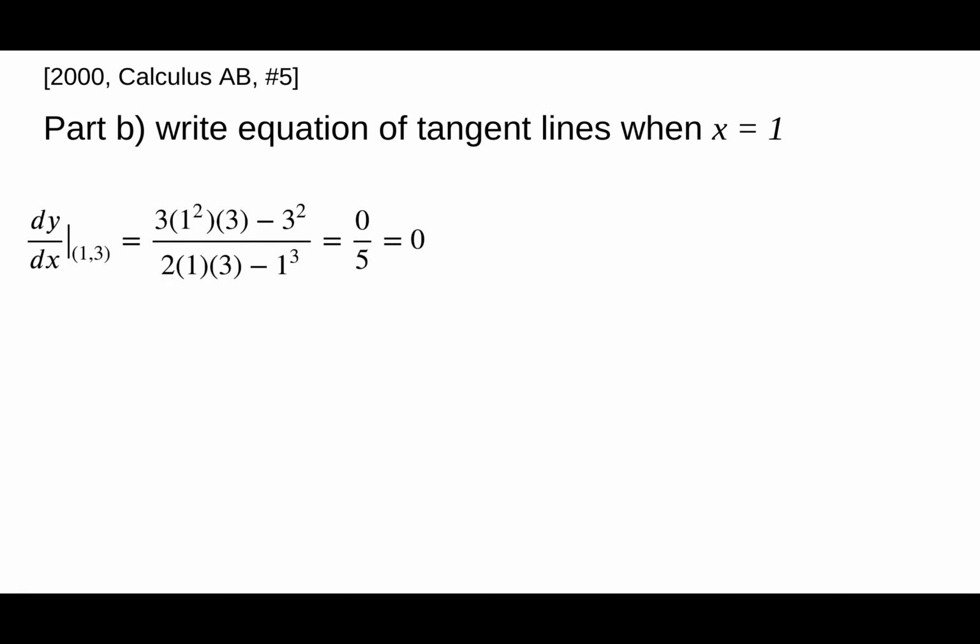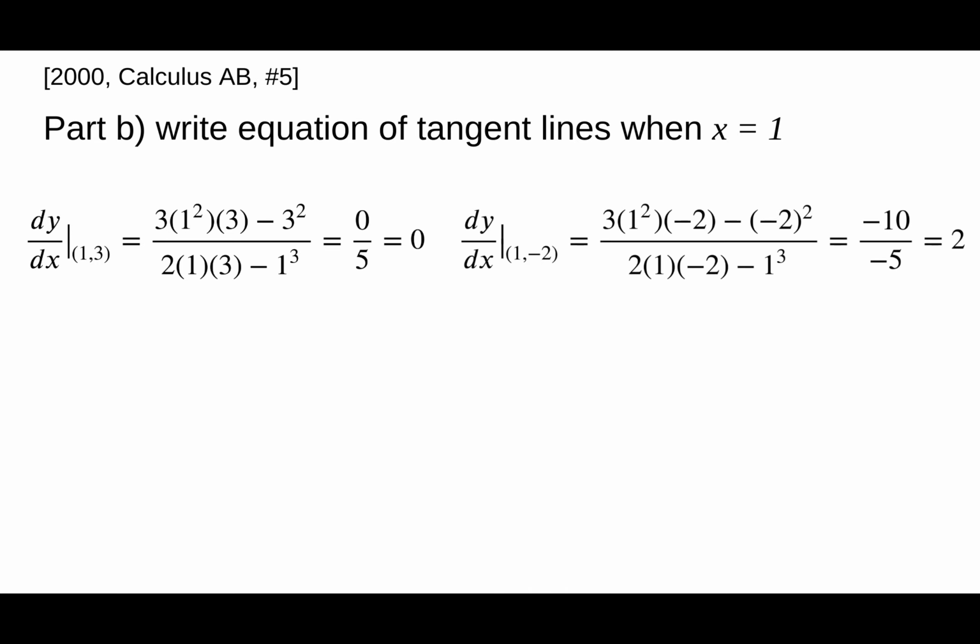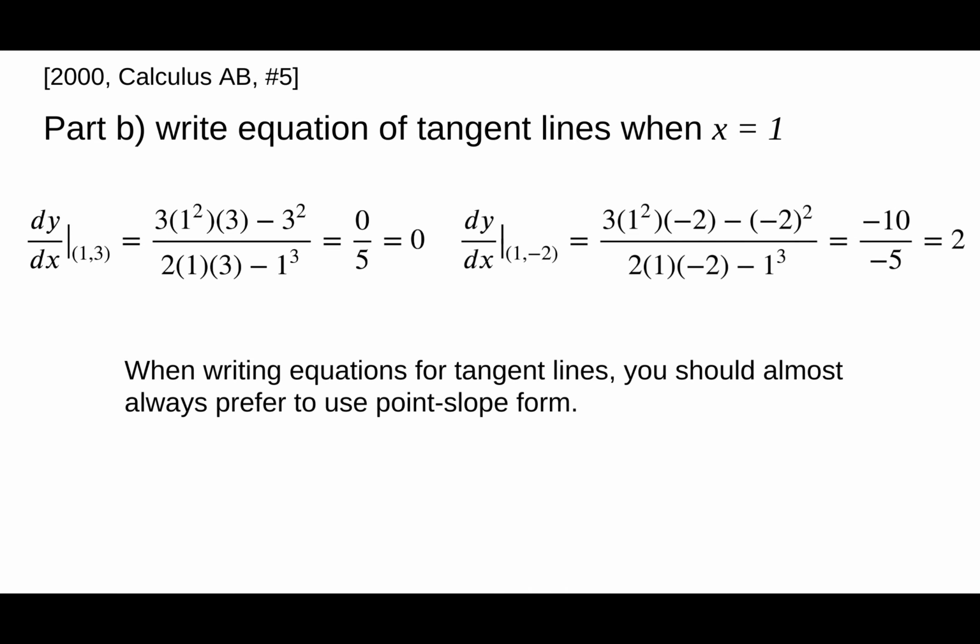First of all, dy/dx at the point (1, 3): if I substitute 1 in for x and 3 in for y, I get 0 over 5, so the slope of that tangent line is just 0, so that is a horizontal tangent line. But because it goes through the point (1, 3), we know that its equation is going to be y equals 3.